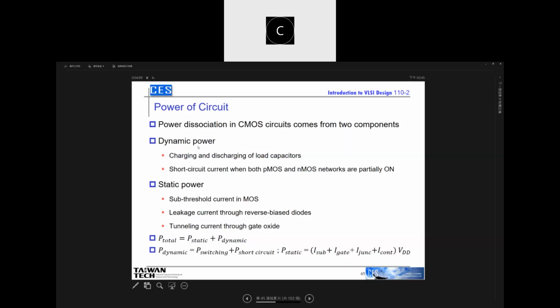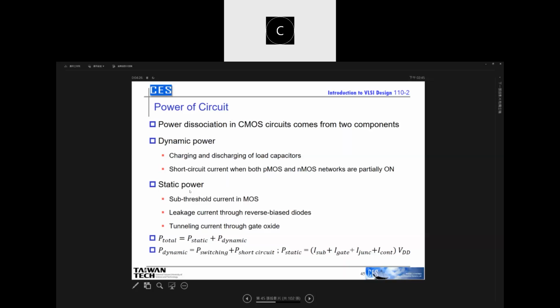Another part of power consumption of the circuit comes from the static power. The fundamental idea of static power is that the power is consumed even though the circuit is idle or the circuit is not operated.